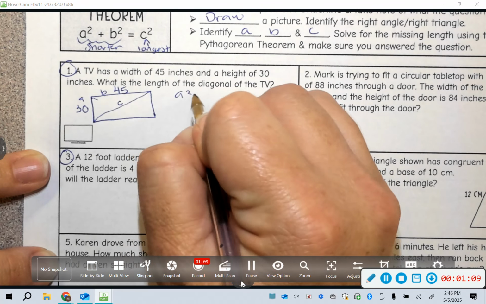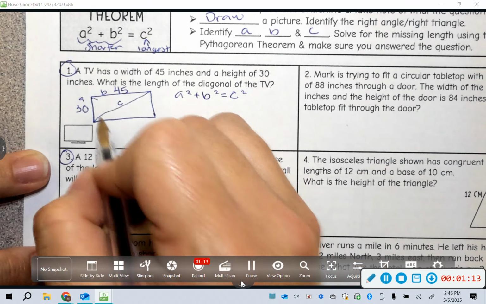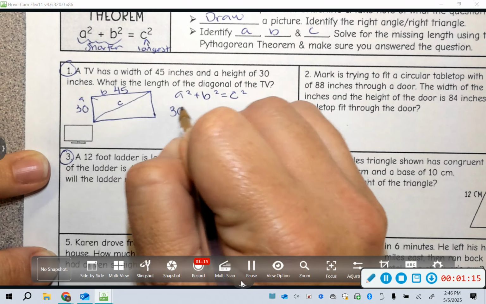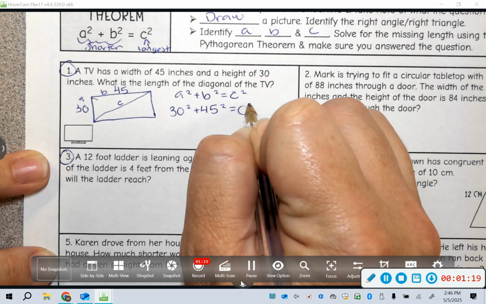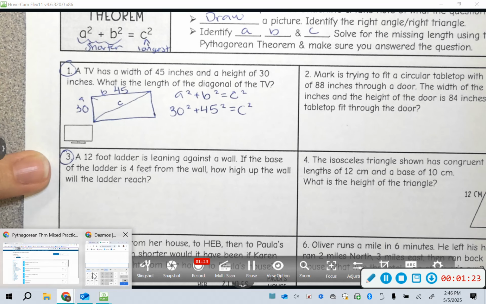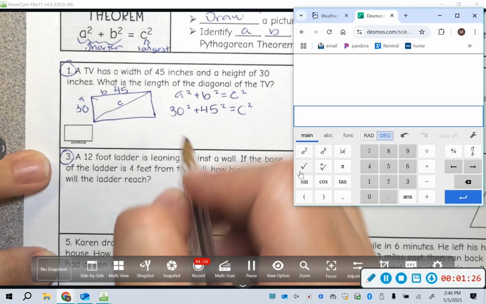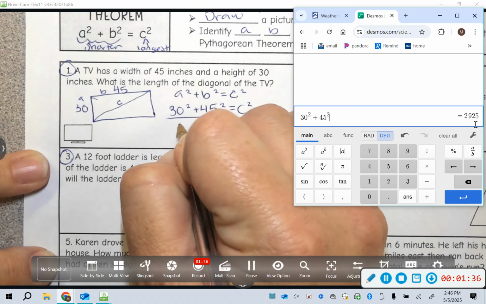So I'm going to use my formula just like yesterday, A squared plus B squared equals C squared. And I'm going to plug in what I know. So A is 30, B is 45, equals C squared. We don't know C. So again, we're going to type this into our calculator. 30 squared plus 45 squared is 2,925.